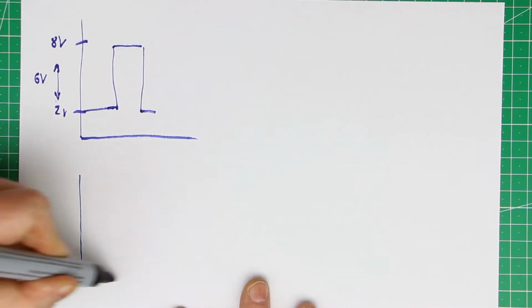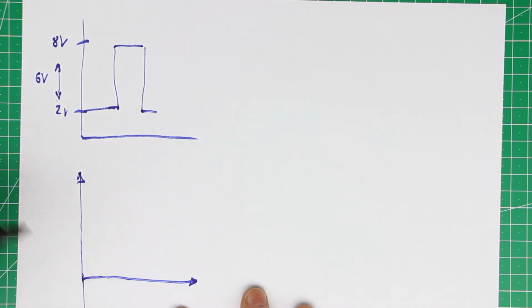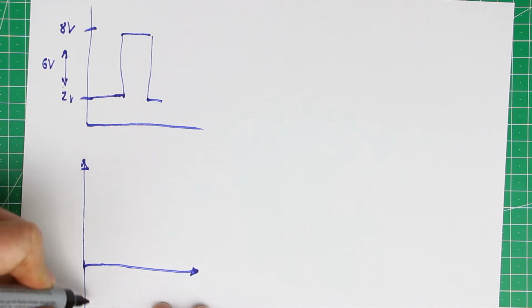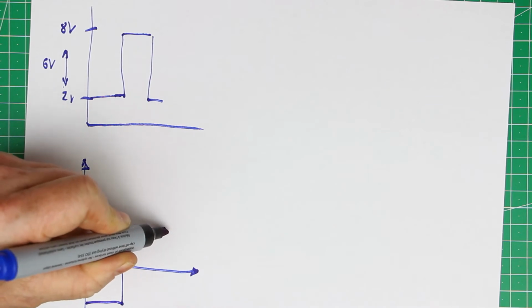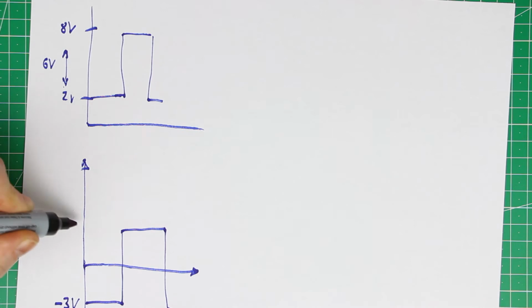Or if we, with the capacitor in between, the voltage would vary, or the rectangle would vary between -3 volts and +3 volts.